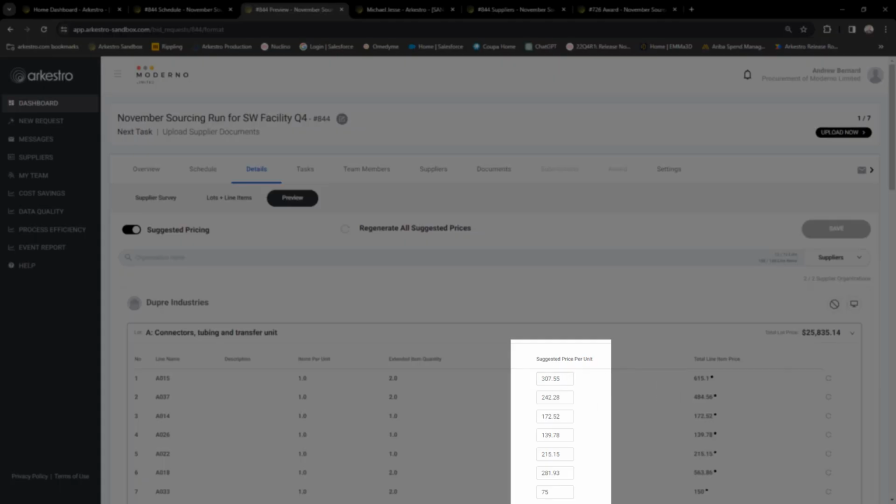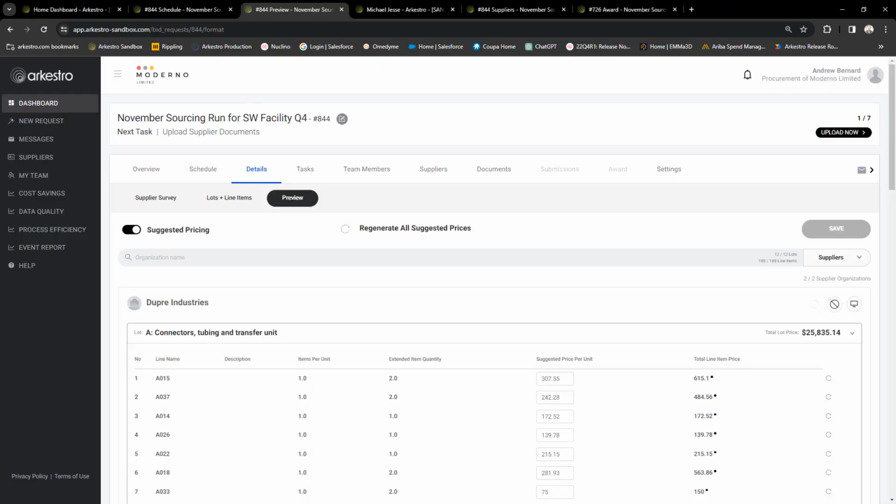And so it's through this combination of combining these details to arrive at a suggested price per unit that we're then going out to market on your behalf. We're actually going to propose this price to your suppliers within the context of a competitive engagement.